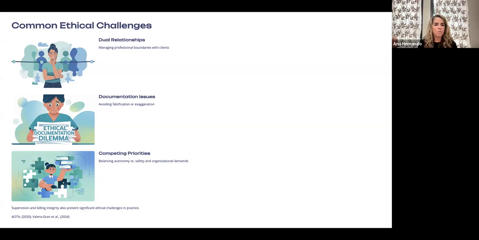So even though supervision and billing integrity present significant ethical challenges in practice, we do have an obligation to go through the same process where we look at the information, assess what values are in play, create the solutions, then choose a course of action and see what the result of that action was and whether we could have done better.